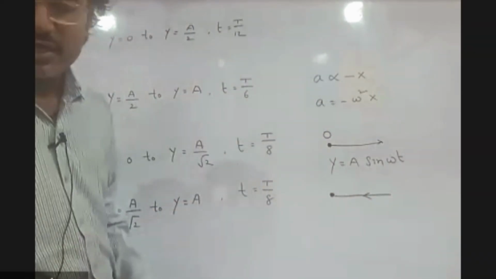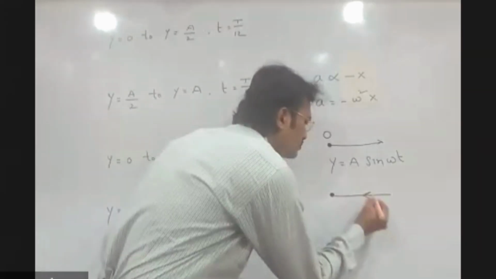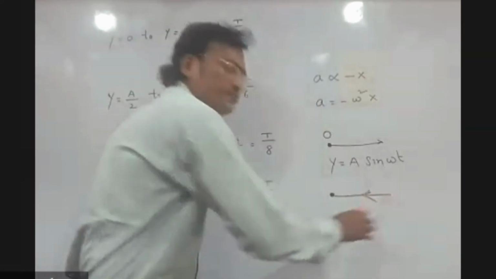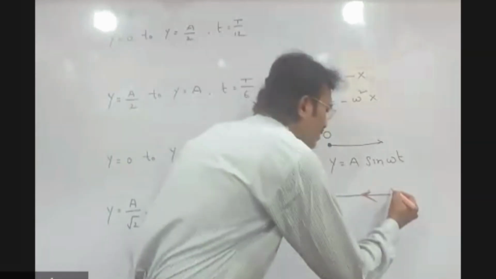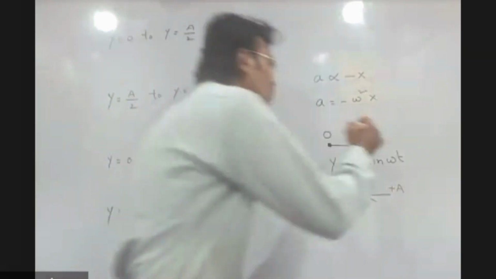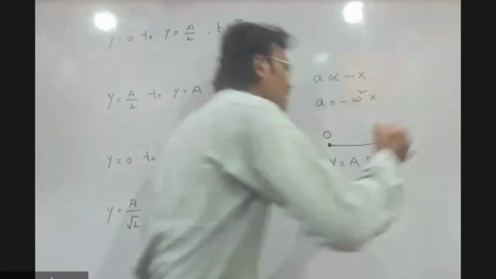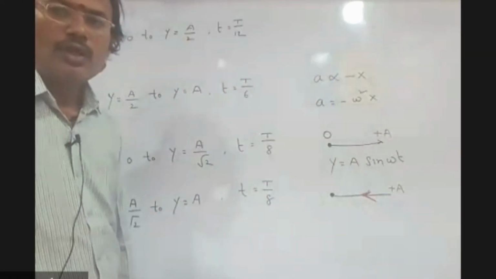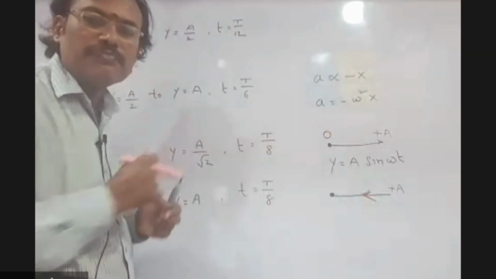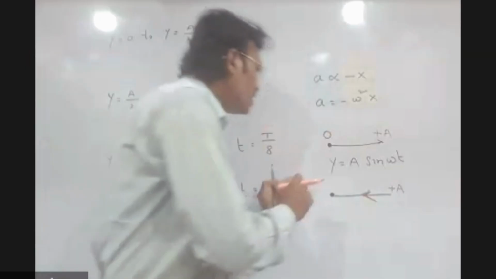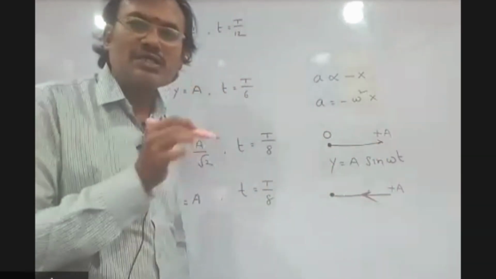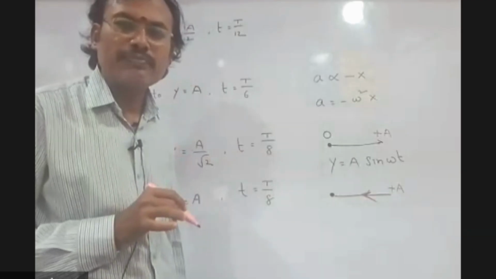See the direction, the direction is like this. Here I am representing one extreme position with plus a, and the other end of the extreme position is minus a. So initially the particle is moving from origin towards the positive extreme end.